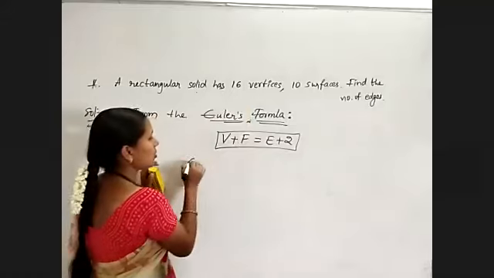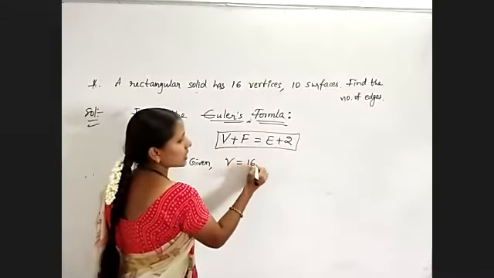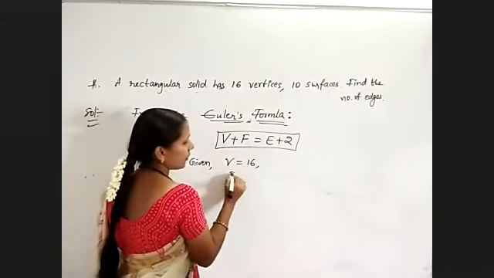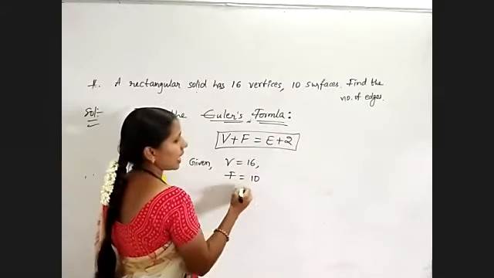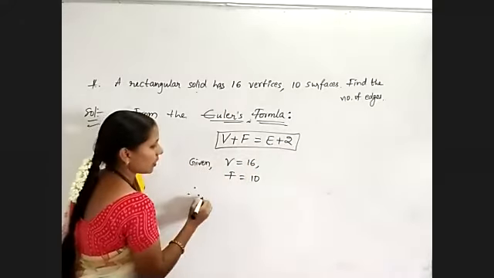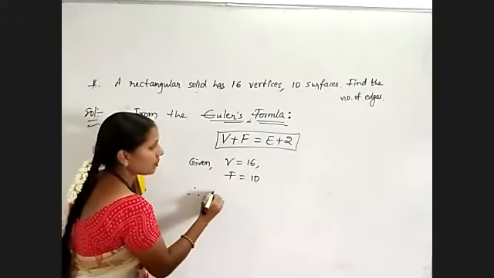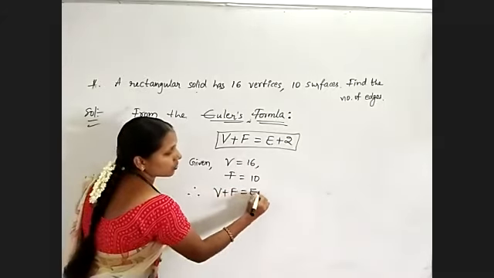So in the given question, number of vertices is equal to 16, and surfaces are nothing but faces only, that is equal to 10, and we are asked to find the edges, the E value. Therefore, from Euler's formula, V plus F is equal to E plus 2.